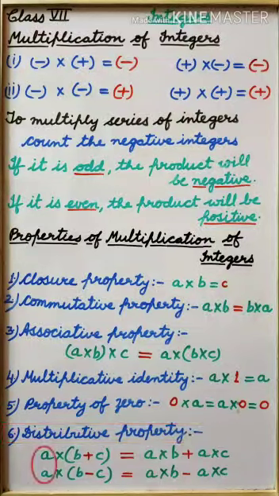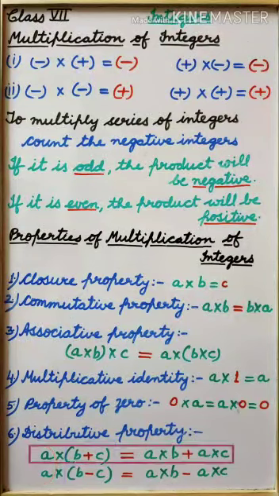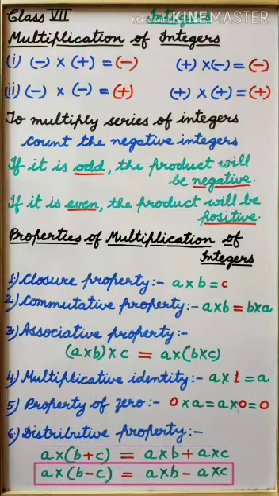In this, we multiply an integer by the sum or difference of two or more other integers. If we multiply an integer with the sum of two integers, the property is distributive property over addition. If an integer is multiplied by the difference of other integers, then the property is distributive property over subtraction.